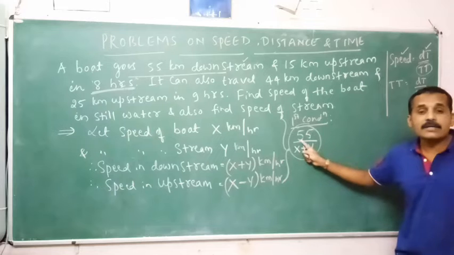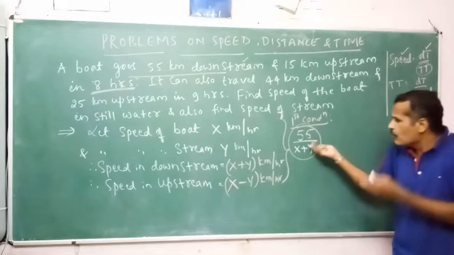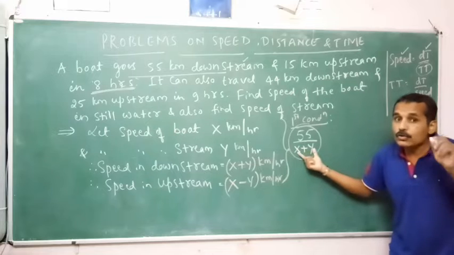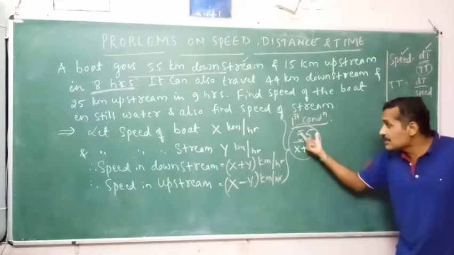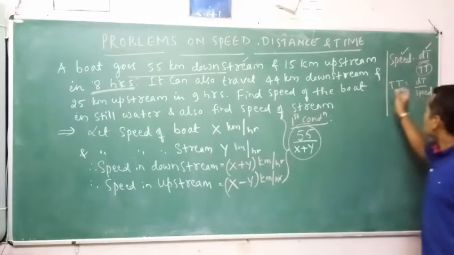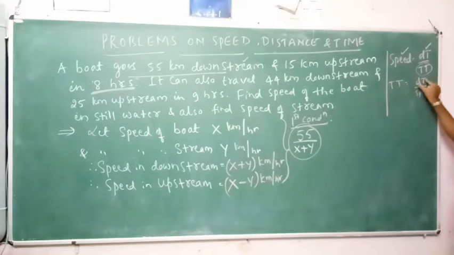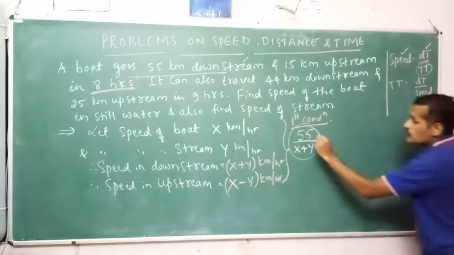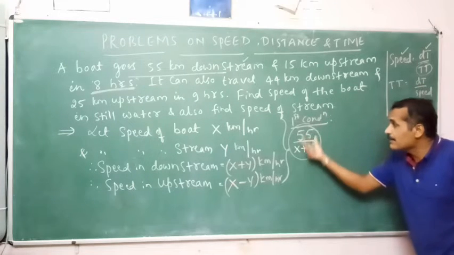This is the time taken in the downstream. But how much it is? I can't say because x and y are unknowns for me. But I have generated time taken is equal to distance traveled by speed. Distance traveled is 55, speed is equal to x plus y. This is the time taken.